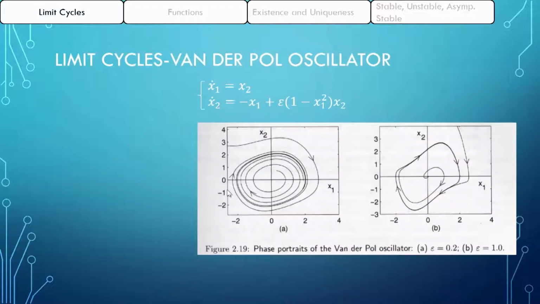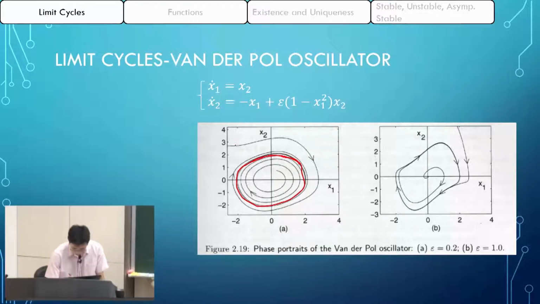So in this case, no matter where you release, if you start from here, or here, eventually it will converge to this, and it will never leave this. So eventually the limit cycle will be this.